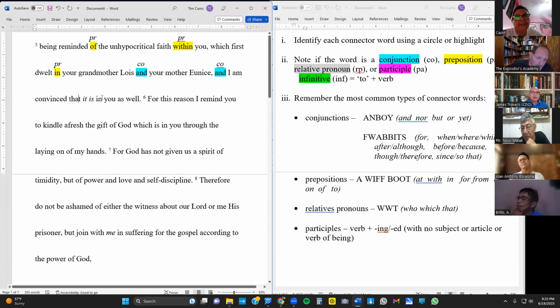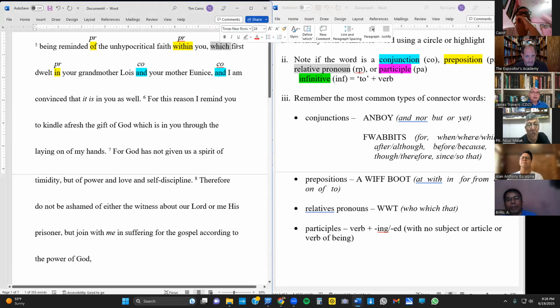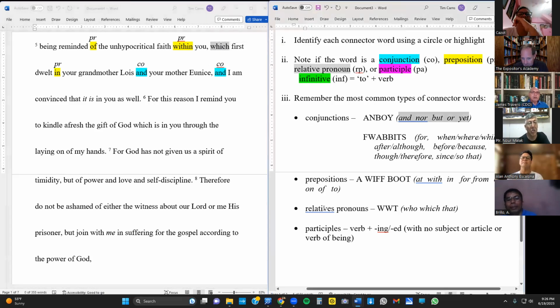Are there any other possible connector words, Noor, that you see in verse 5? Now, there is. What's that? Which, first dwell. Yeah, which up here. Now, what is that? Relative pronoun. Yeah. Notice under relative pronouns, we have who, which, and then the word that is there.